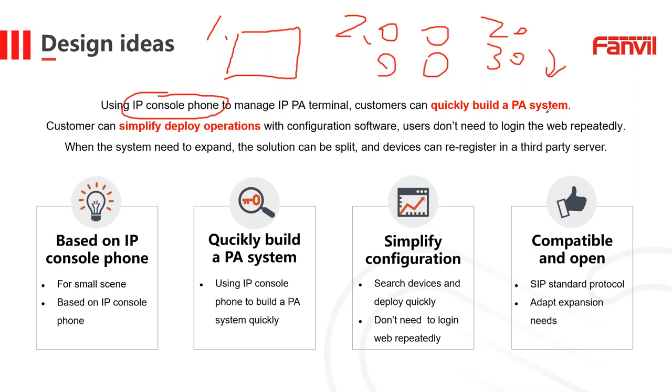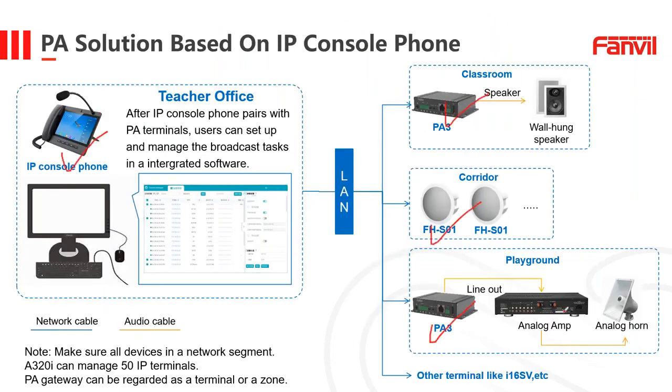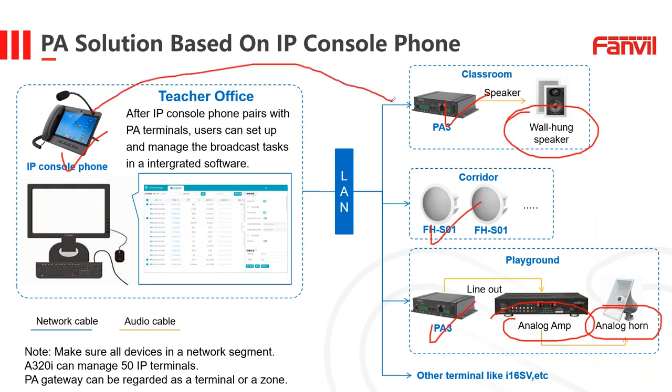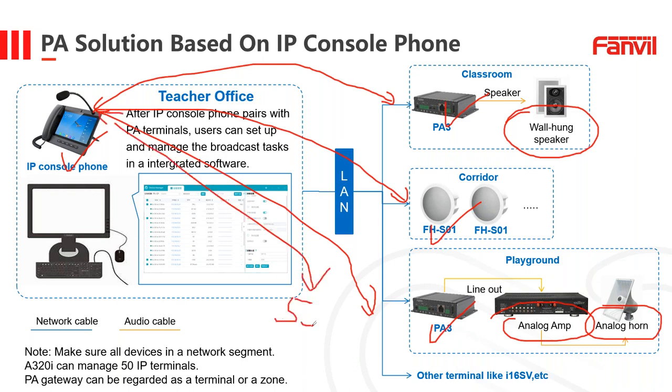So that is the diagram of the solution based on IP console phone. Here we have the IP console phone, PS3, FHS01, and you may need to prepare analog devices like analog amplifier, analog speaker, analog horn, and the IP console phone will pair with those IP terminals, and it can manage 50 terminals.